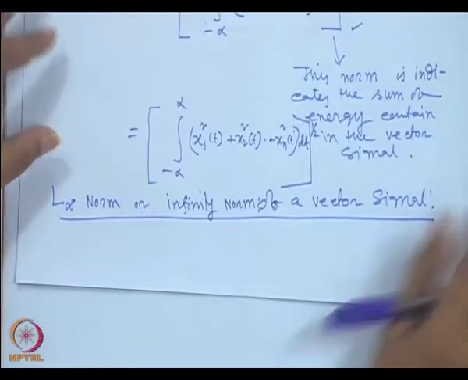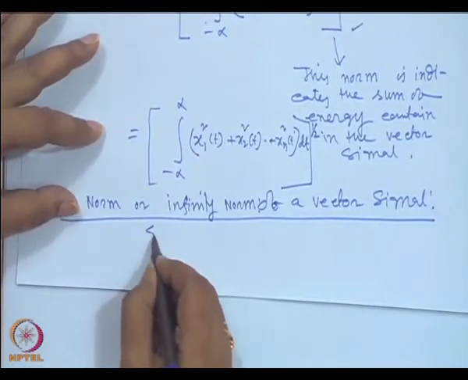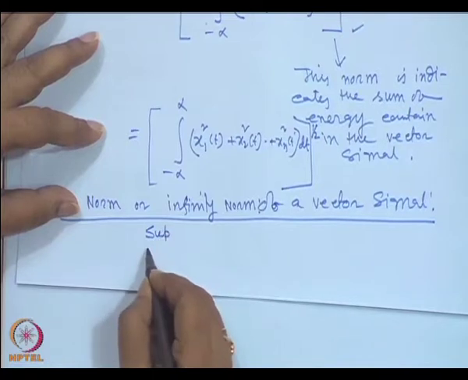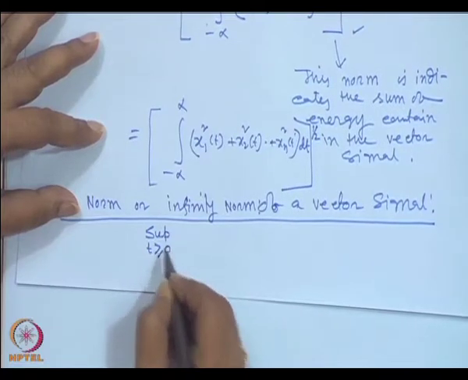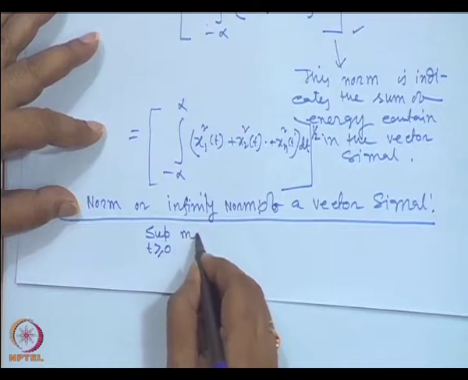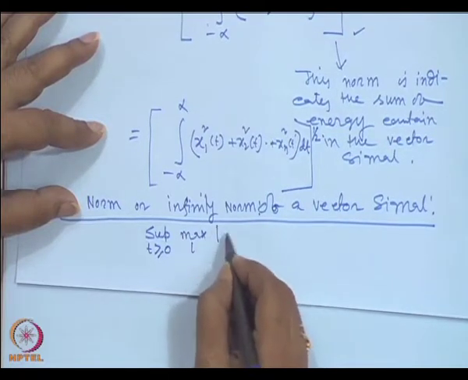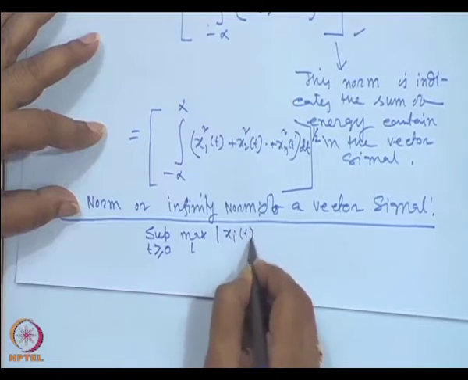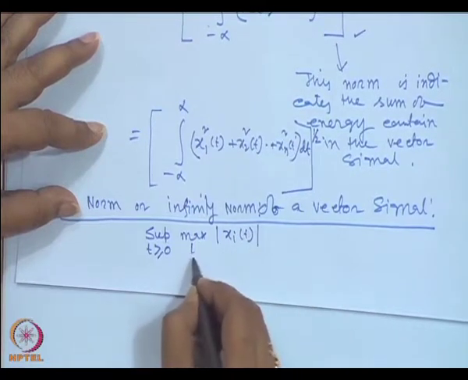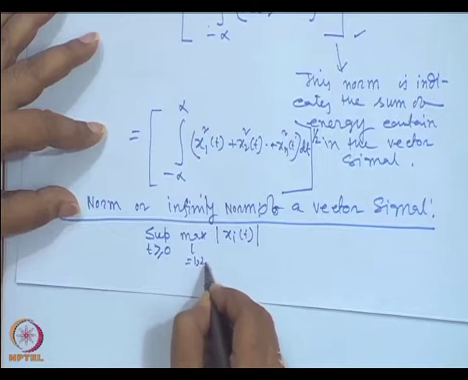So, the infinity norm of a vector signal is what? The supremum over t greater than or equal to 0 of the max over i of mod x i of t, where i varies from 1 to n.